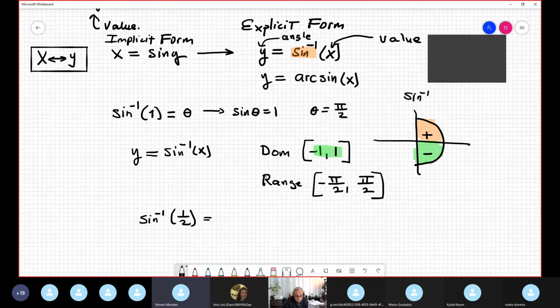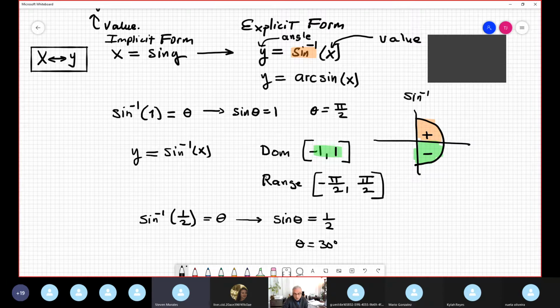But if you don't remember, this way is a new one. You consider the angle, I call it theta, and you translate this statement to another, which is sine theta equals 1/2. Okay? So now, sine theta is 1/2, so theta is equal to 30 degrees.